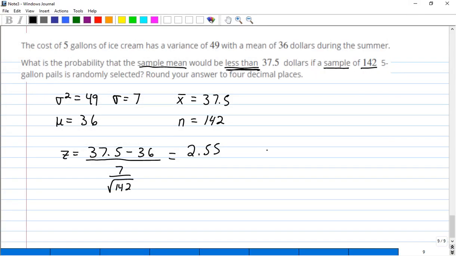All right, so that means the probability that x bar would be less than 37.5 is equal to 0.9946. So there is a 99.46% chance that if you selected 142 5-gallon pails of ice cream, their mean would be less than $37.50.